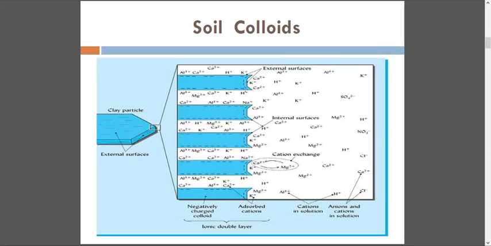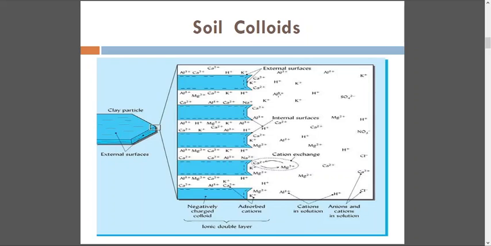So these are the internal surfaces of the soil colloid particle. Here we have used a clay particle. Most clay particles, for example the silicate clays, have layers, and this represents the layers of these given clay particles.